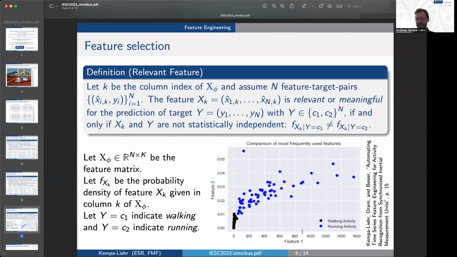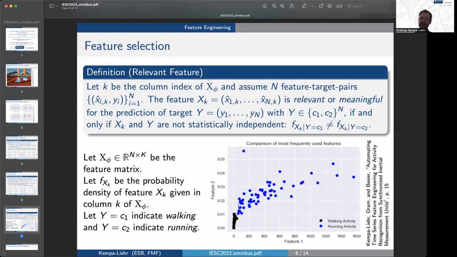And we clearly see in this two-dimensional feature space, there's a clear line which we can just plot as a heuristic to discriminate walking, around the origin, and running are the blue dots scattered to the top right of this diagram.